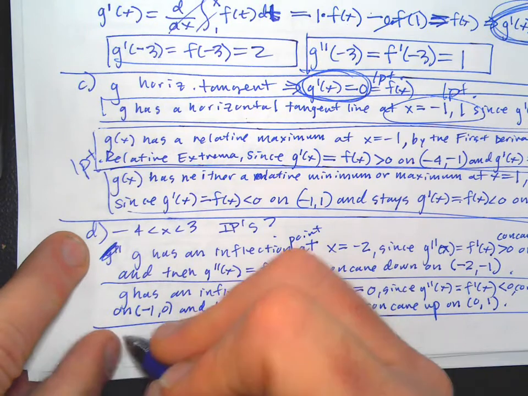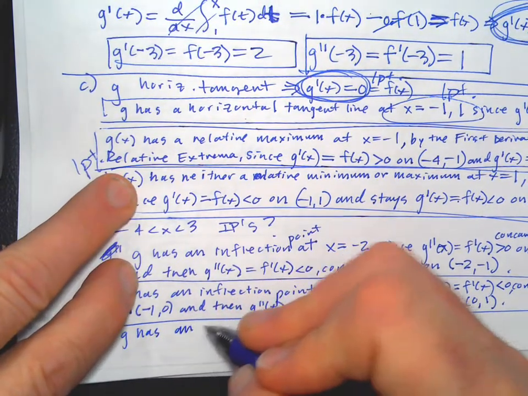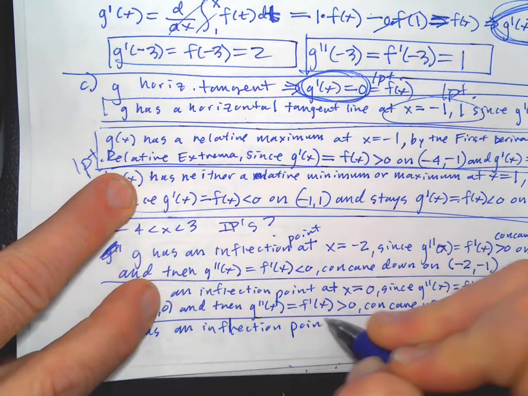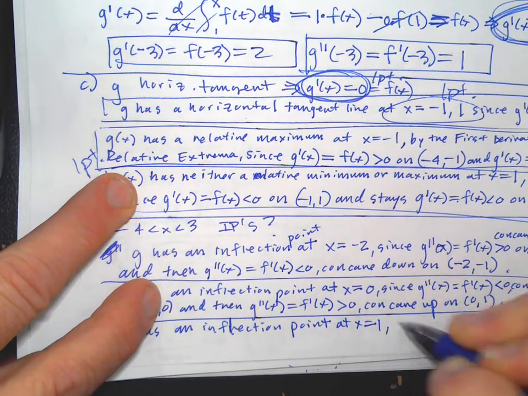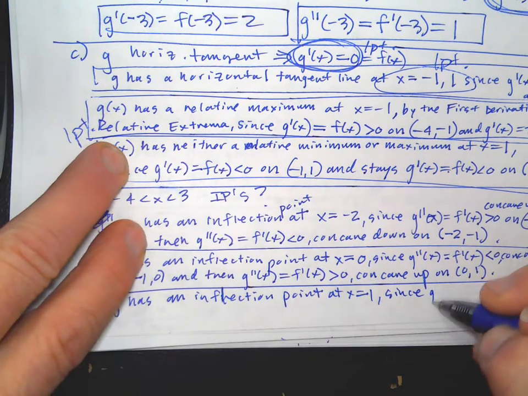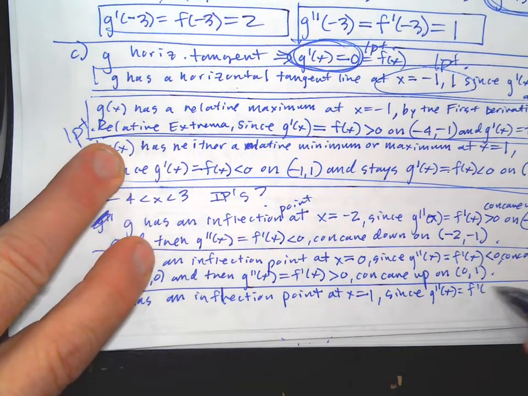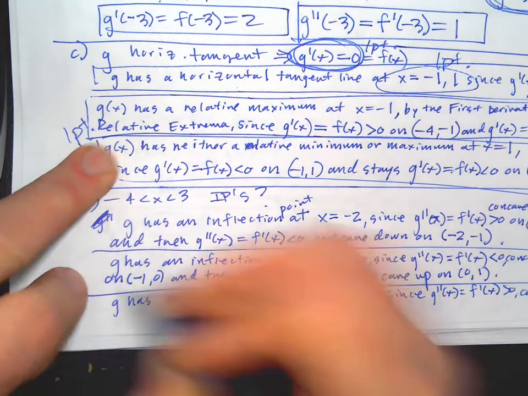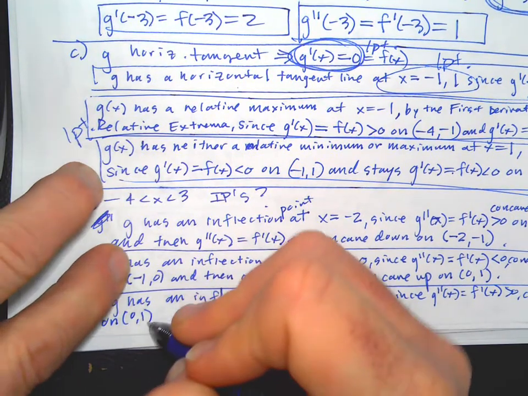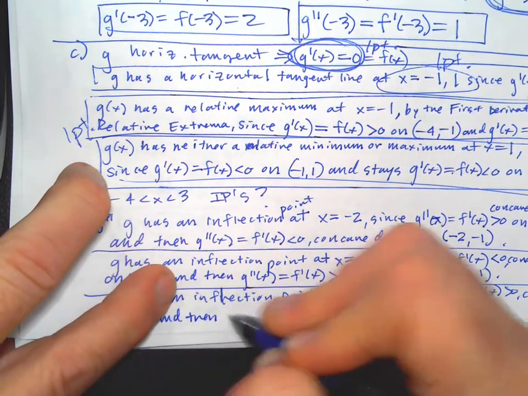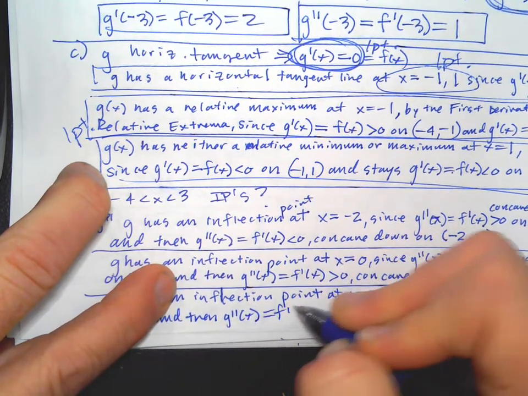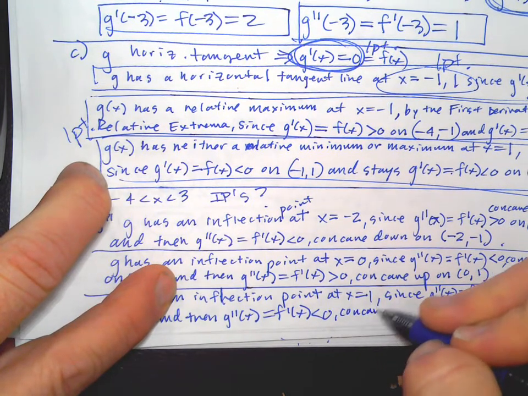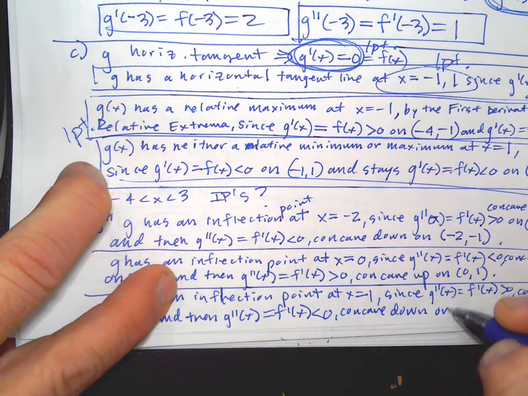Okay, then we got one more. G has an inflection point at x equals 1 since g double prime of x equals f prime of x is positive, concave up on the interval 0 to 1, and then g double prime of x equals f prime of x is negative, concave down on 1 to 3.